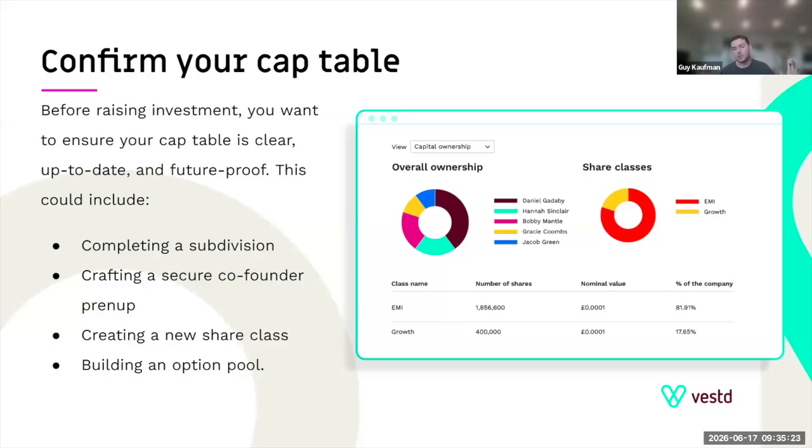There are lots of things that you can do to get your cap table ready. I'm conscious that we've only got half an hour, so I'm just going to focus on some of the main points.